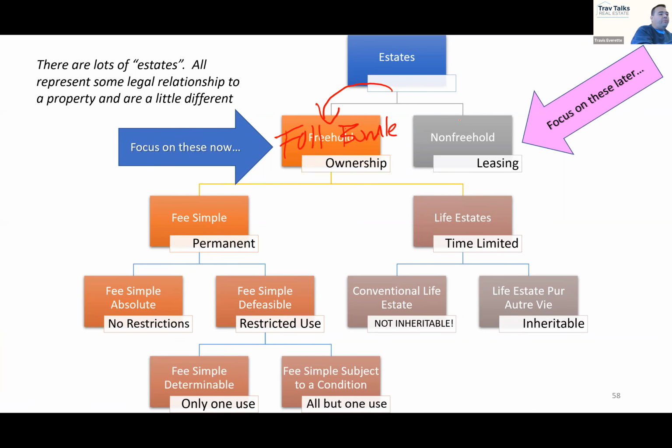Everything that's non-freehold is going to only transfer the partial bundle of rights. What right doesn't get transferred in a non-freehold or in a lease? What right? Disposition. Good. Exactly. The full bundle gets transferred anytime we're doing a freehold transfer.